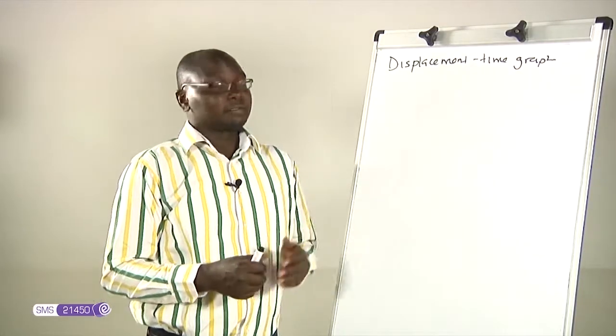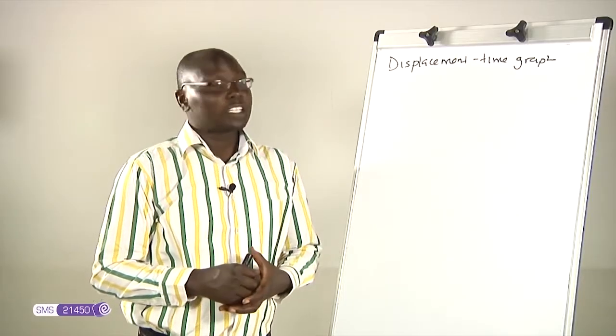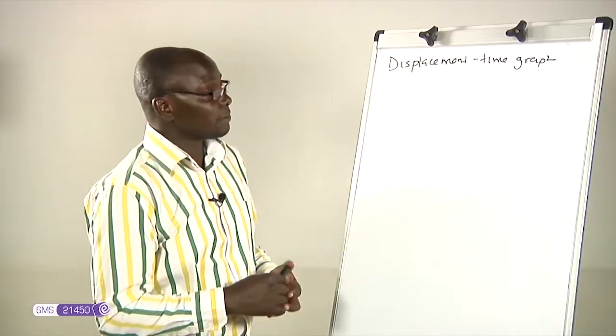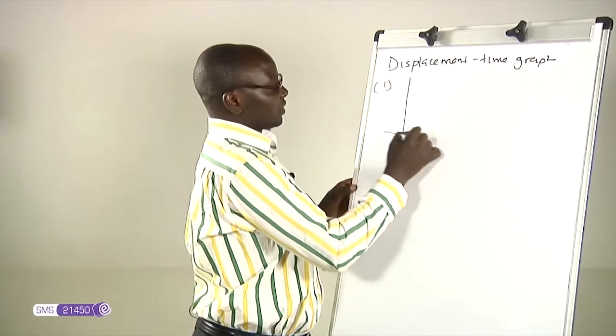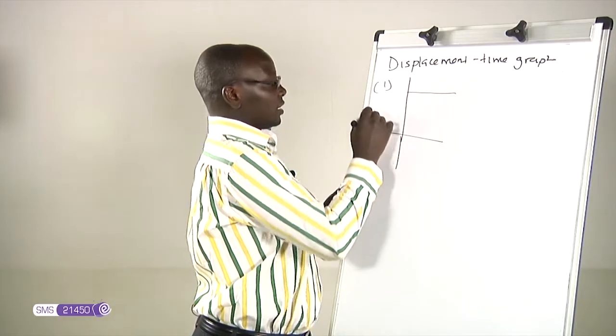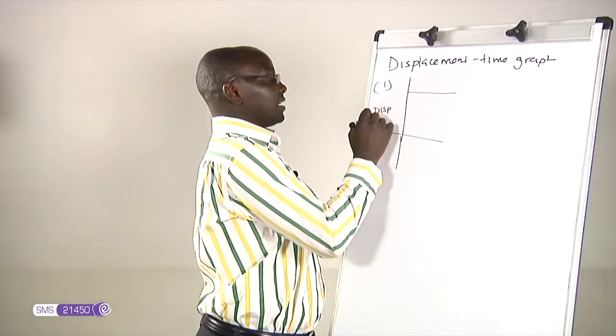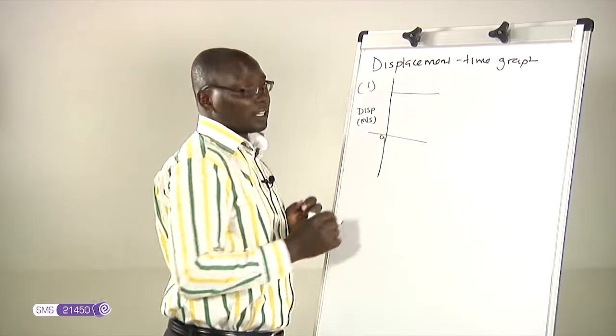We're still looking at the motion graphs, and we are now going to proceed with the displacement time graph. Remember, we say the first ones. For a stationary body, we write here displacement, and here it is in meters, is 0.